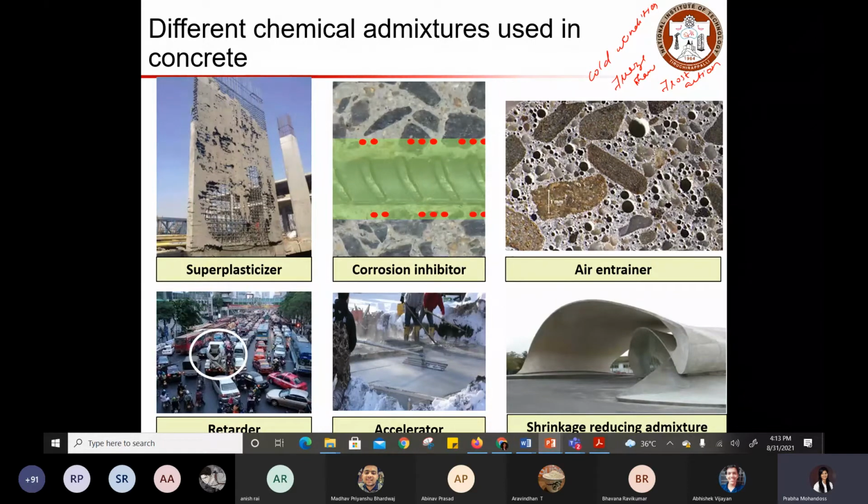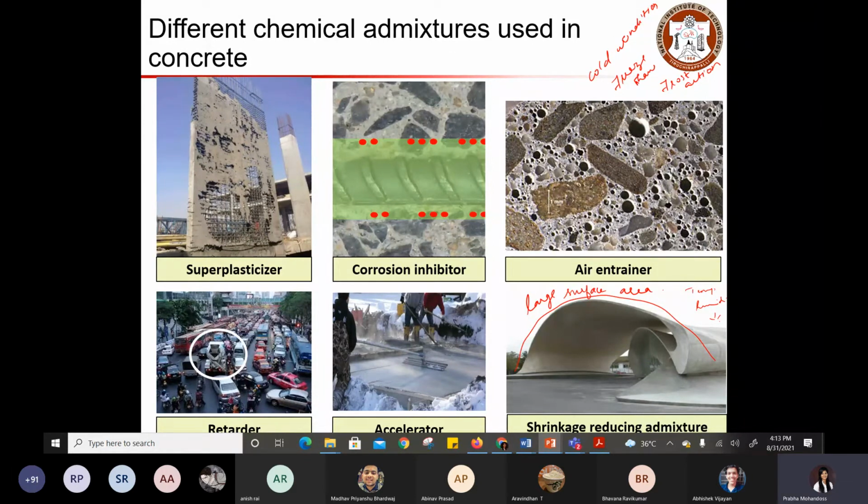And shrinkage reducing admixtures, when you have a large surface area. See here, the surface area is large, so such a large surface area is exposed to the outside environment. When the temperature and humidity is, especially when the humidity is lower, that is going to take some moisture from your structure to the environment.